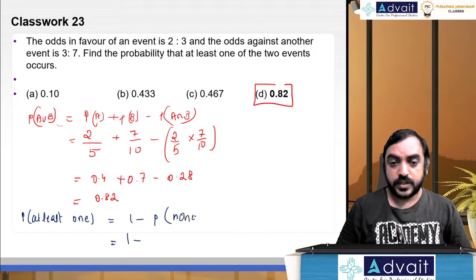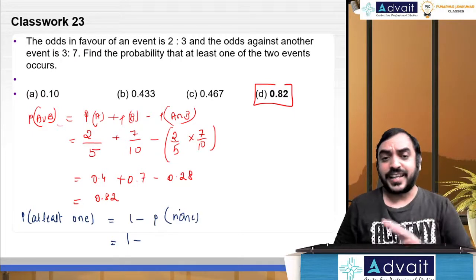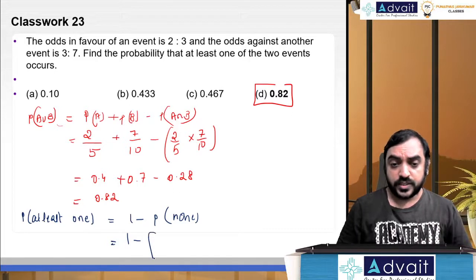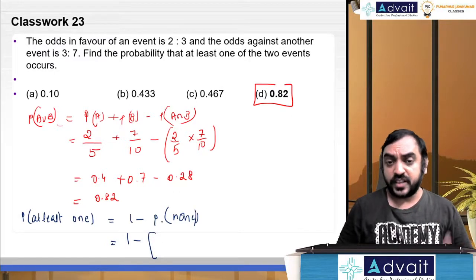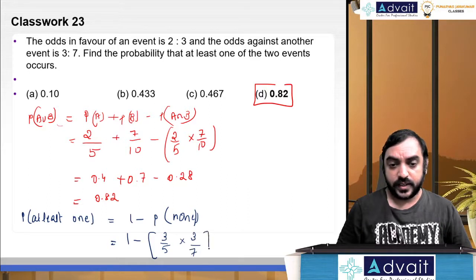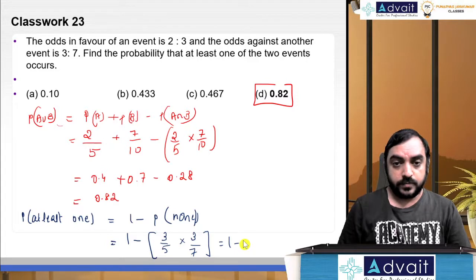That means first person also fails, second person also fails, both events fail. So 2 is to 3, so the unfavorable event, the against event, is 3 out of 5. And 3 is to 7, and here the first number itself is against, so 3 by 7, which is 1 minus 3 by 5 into 3 by 7.